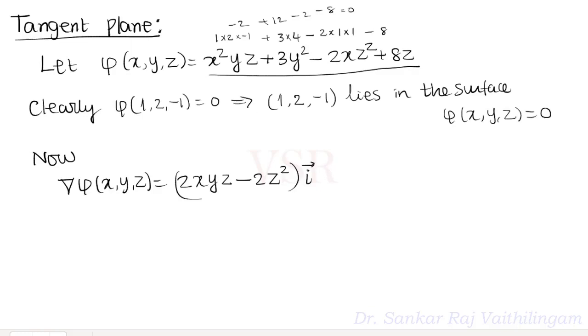Then I differentiate with respect to y: we have x squared z, and from 3y squared we get 6y, into j vector. Plus, differentiating with respect to z: x squared y, then 4xz with a minus, -4xz, plus 8. Is it okay?